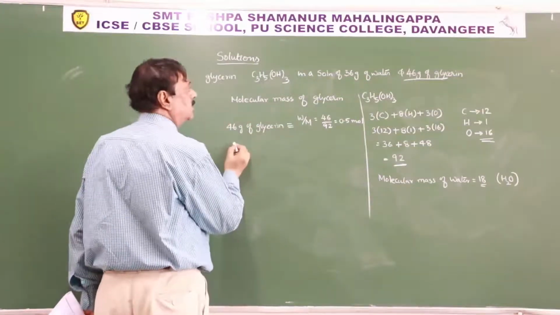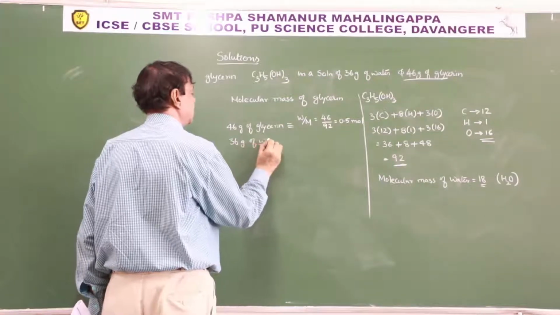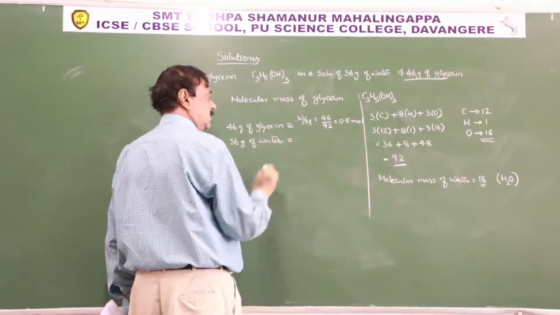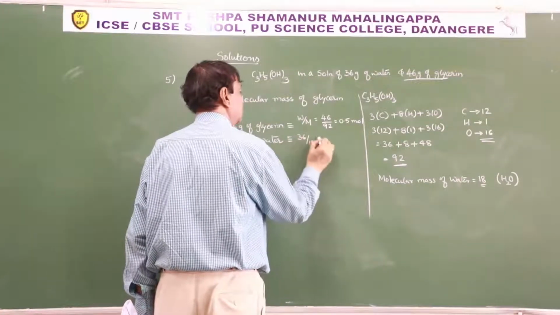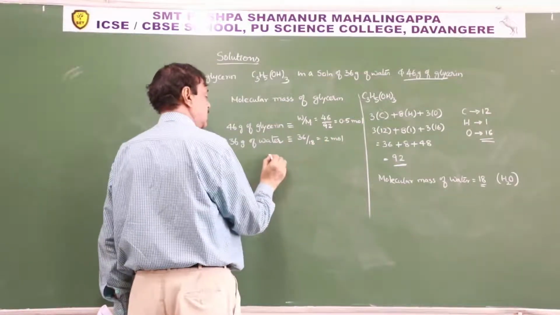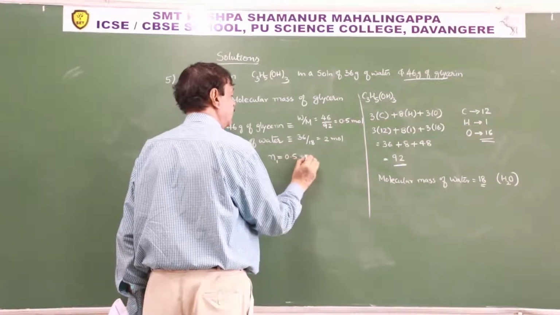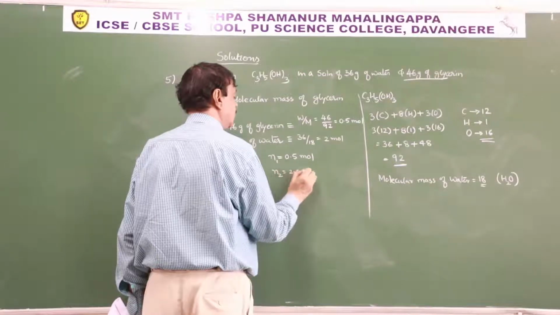And 36 gram of water corresponds to 36 divided by 18, that is equal to 2 moles. Now suppose N1 is equal to 0.5 mole and N2 is equal to 2 mole.